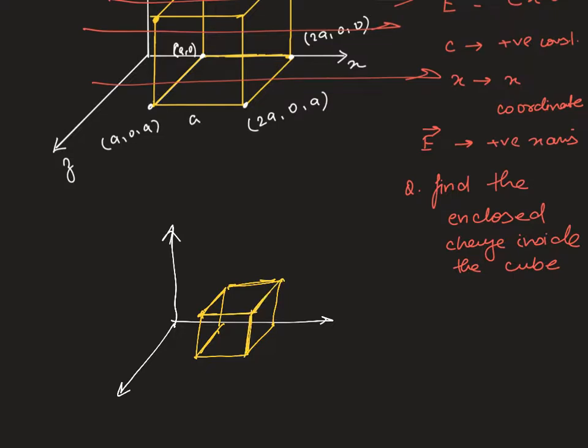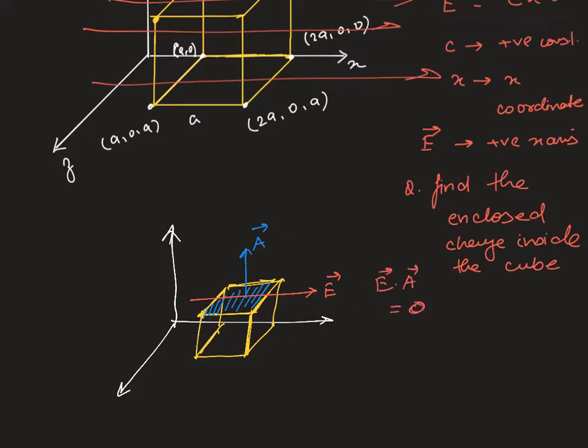There are some faces on the cube on which there will be no flux. Let me show you how. For example, this face here, the top face, can you see? The flux on the top face is going to be 0, and why is that? That is because the area vector of the top face is perpendicular to the field, and E dot A is going to be 0.